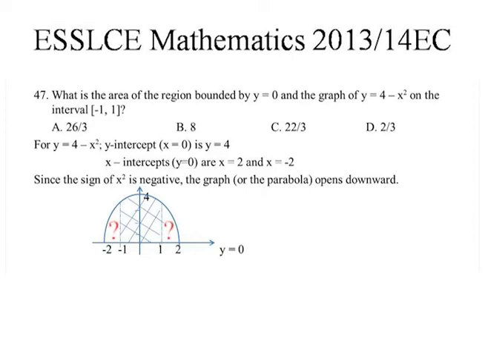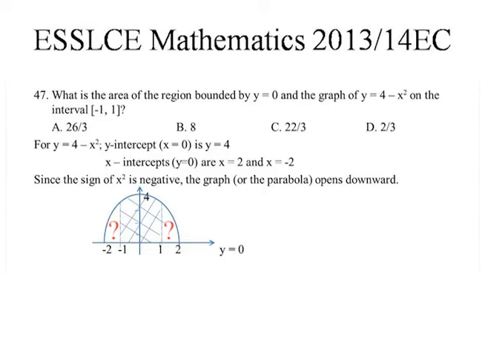The unmarked region at the left is equal to the unmarked region at the right, because if we fold the curve y is equal to 4 minus x squared at the y-axis, the two unmarked regions perfectly superimpose on each other.